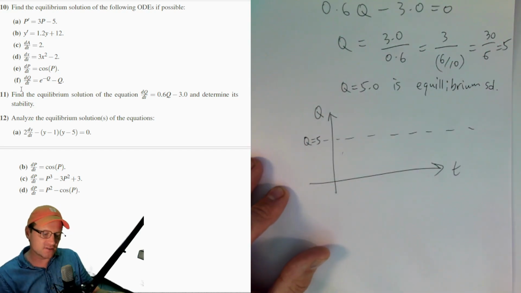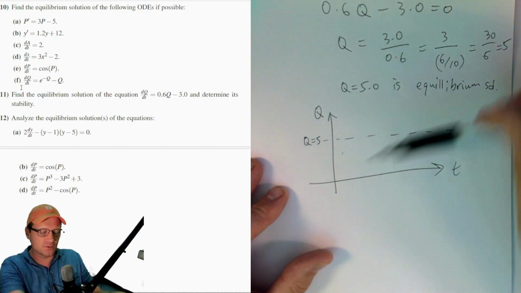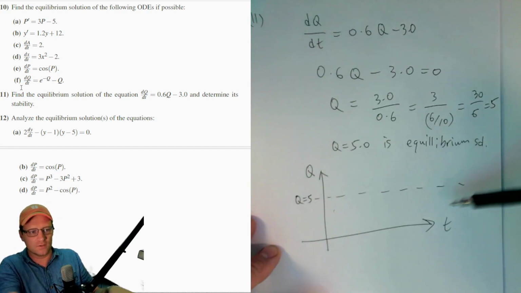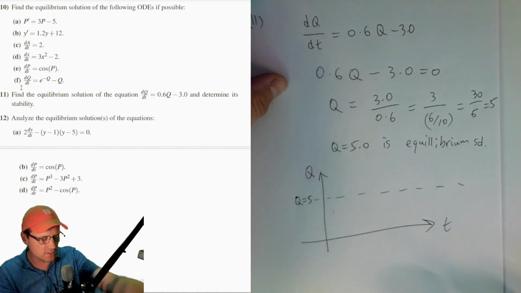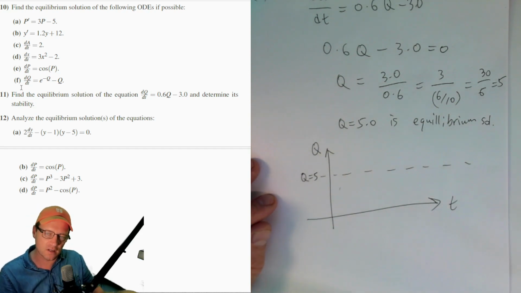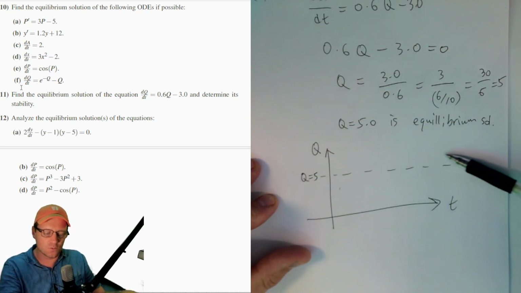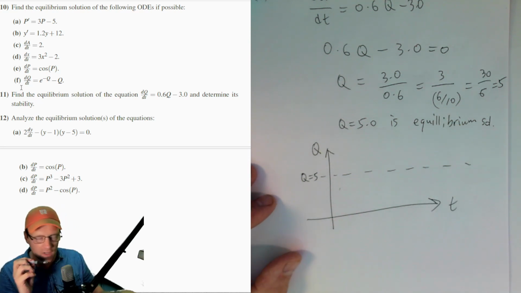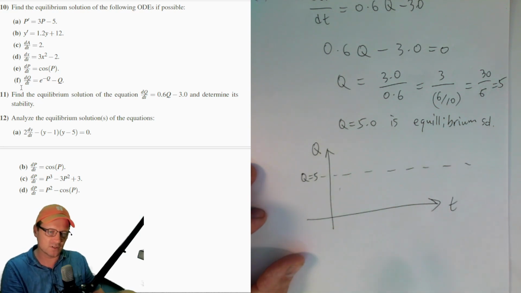Other trajectories do not cross this equilibrium solution, as in other solutions to this differential equation up here. They do not cross this equilibrium solution. So the stability of this asks the question, do other trajectories tend towards this equilibrium solution, or do they tend away from it?